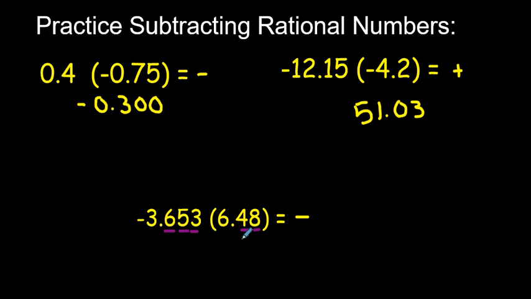So the answer for this final question is a negative value, and you should have gotten 23 and 67,144 hundred thousandths. So I hope that helped you out in understanding how to multiply rational numbers.